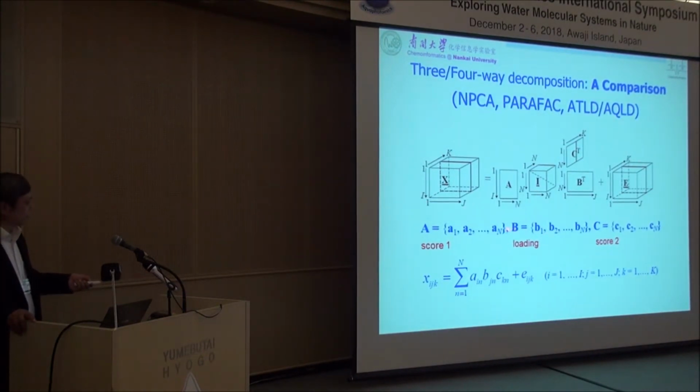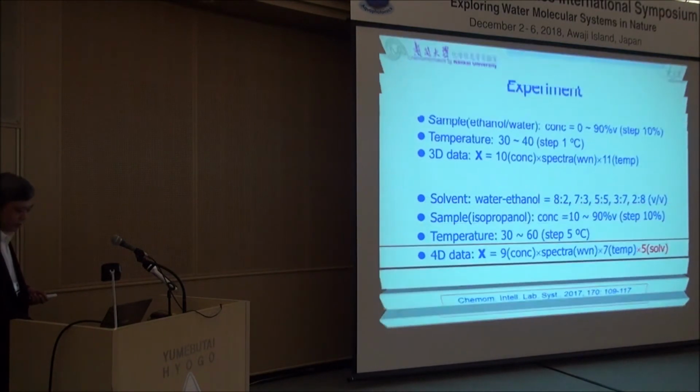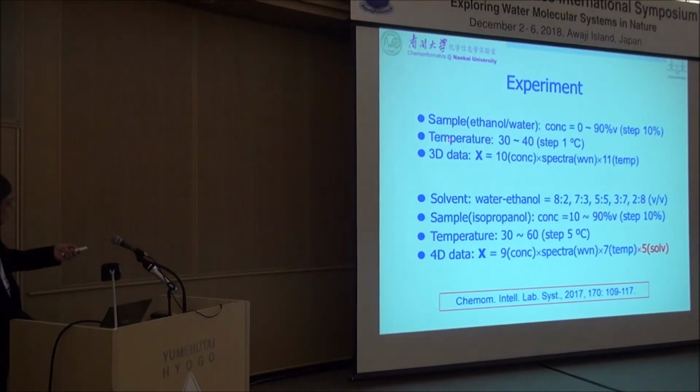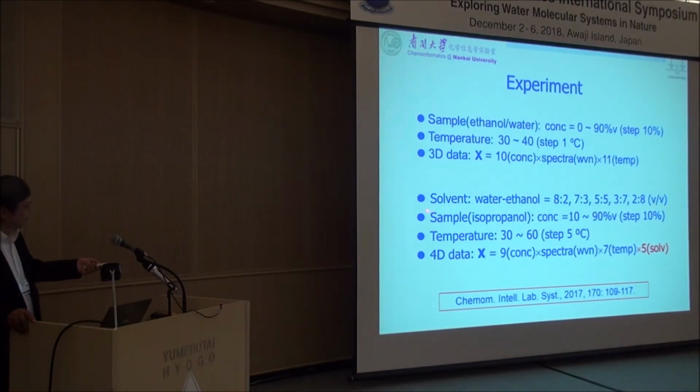They can give us the structural information from the loading, and they can give us the quantitative information in the two scores. One is the temperature and one is the concentration. In this experiment, we prepared two data sets. One is the 3D data set, different concentration samples measured at different temperatures. And as I mentioned before, we prepared the samples with different solvents, so we have a 4D data matrix.